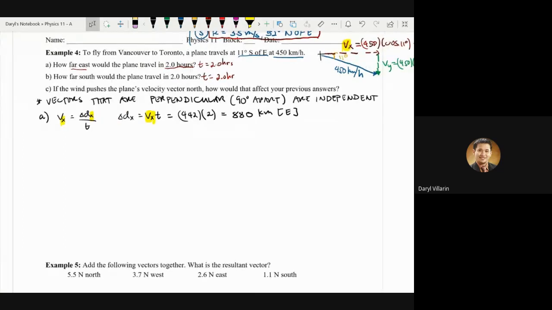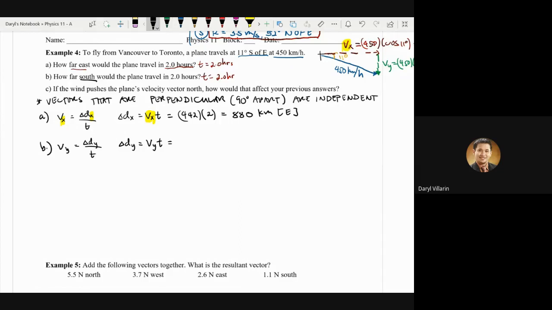And then for letter B, south is your y component. So you'll be talking about the displacement along y. Delta dy is equal to Vy times t.